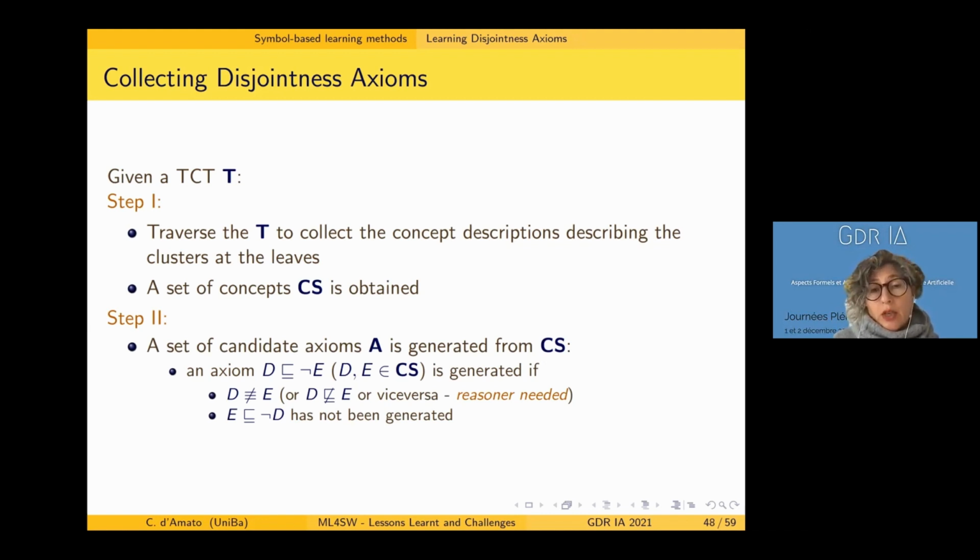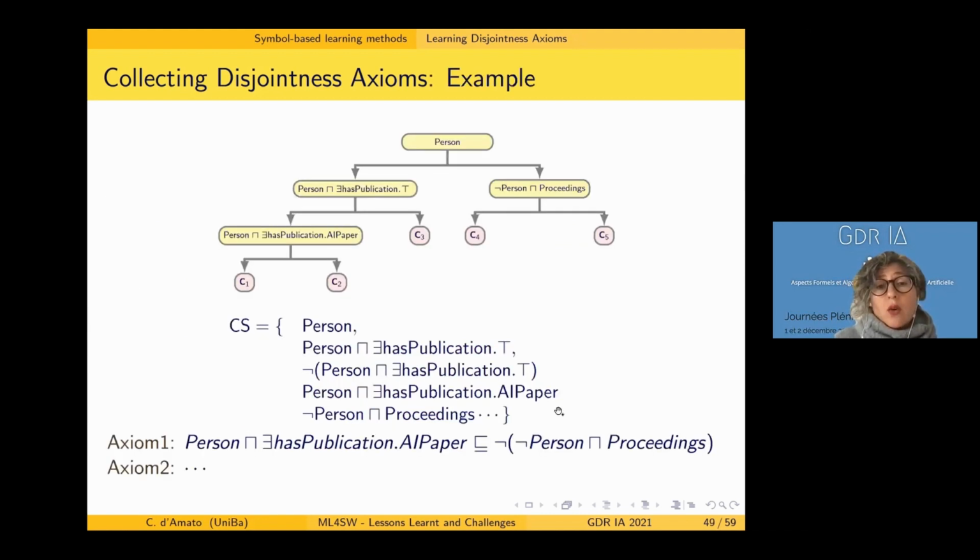So given our example of terminological cluster tree, we first build the concept set by traversing the tree and obtaining the description of each cluster. After the concept set has been obtained, we can pick two concept descriptions within it.